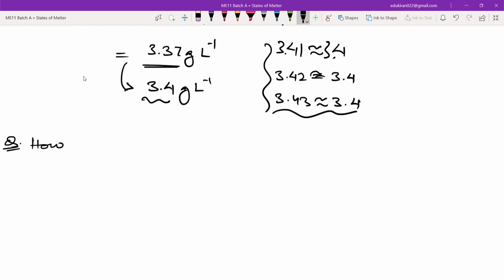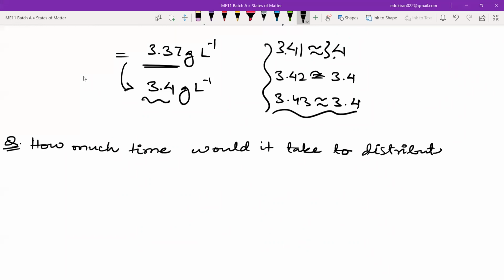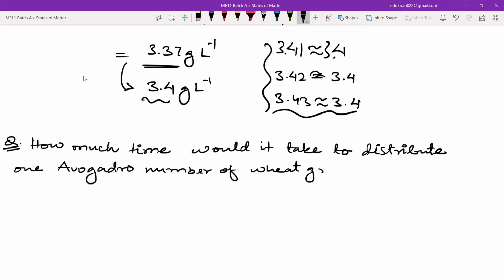Tell me how much time would it take to distribute 1 Avogadro number of wheat grains?